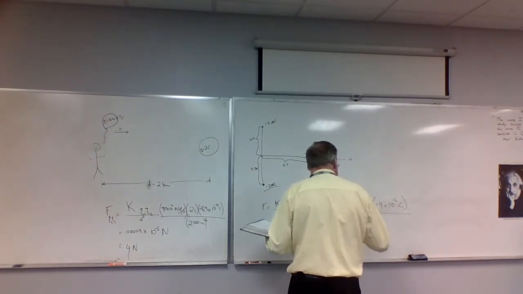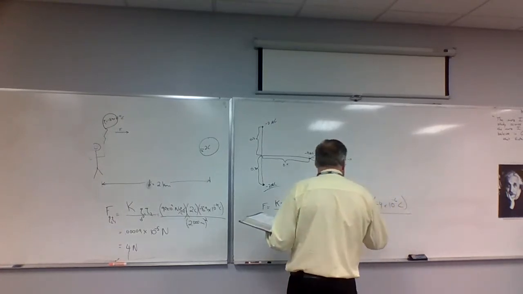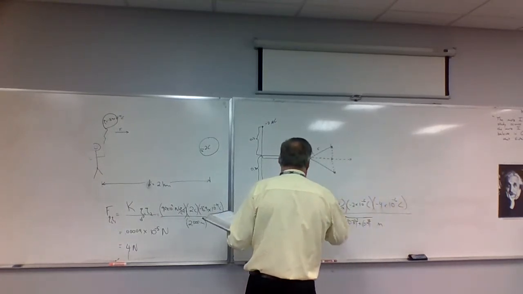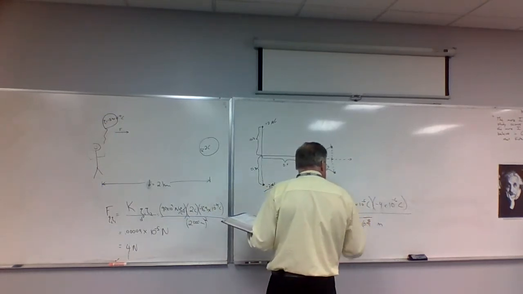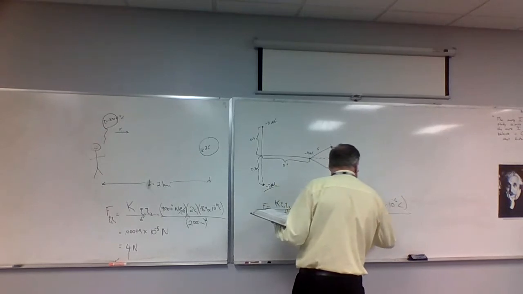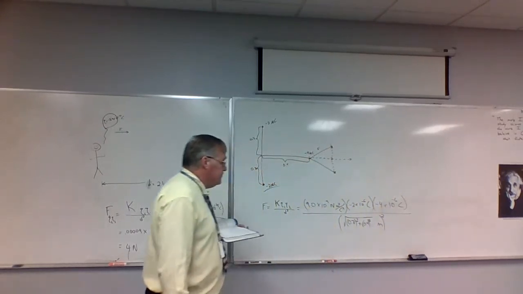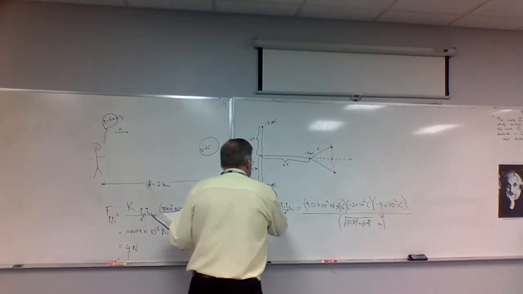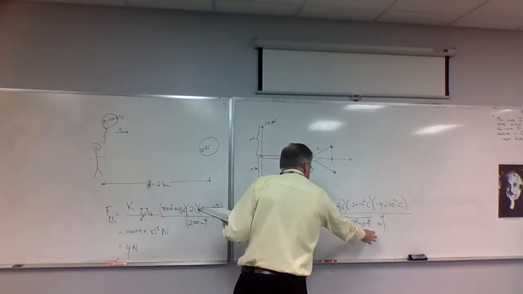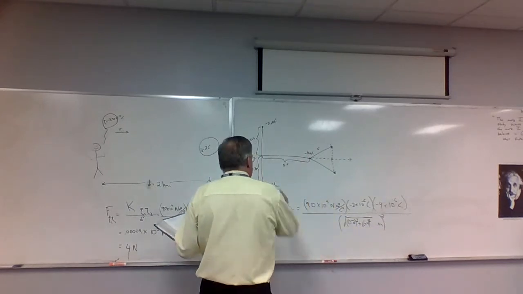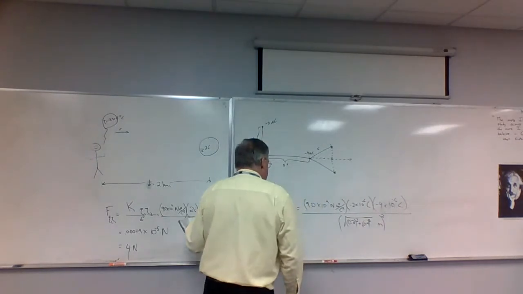That's the distance, and that has to be in meters, but it doesn't matter whether it's kilometers or meters or whatever, because this ratio is what drives that distance. And then we're going to square that. Everybody follow? So the distance between this particle and that particle is the hypotenuse, and we have to square it.